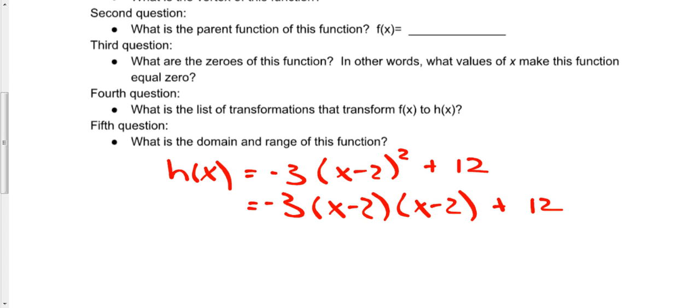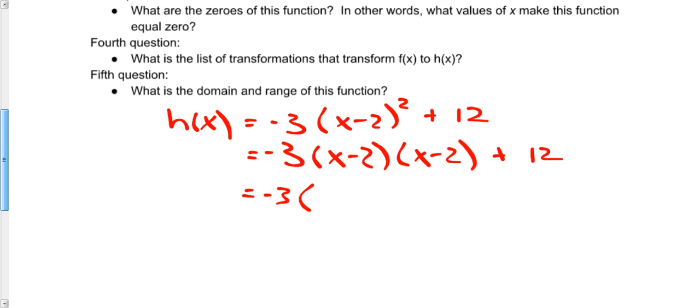Before you distribute the negative 3, PEMDAS, right? Parentheses, exponent. So I have to do the exponent first. Negative 3 times what?